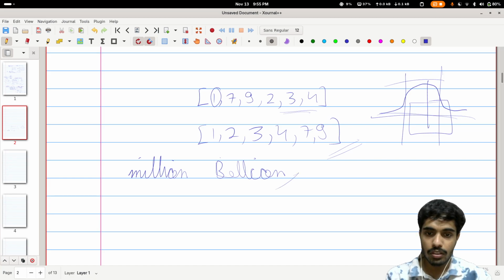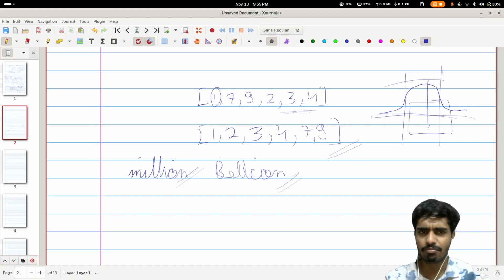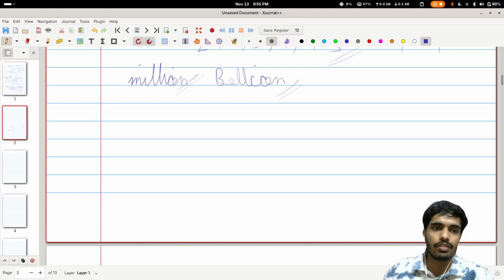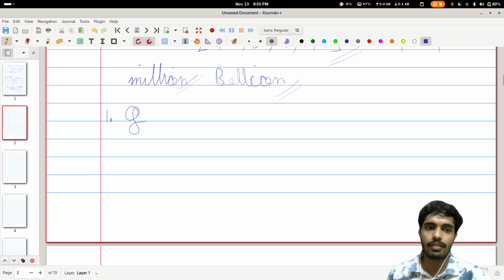So to sort these very big millions and billions of data, we have some very nice techniques. The first, a very popular one, is the quick sort technique.